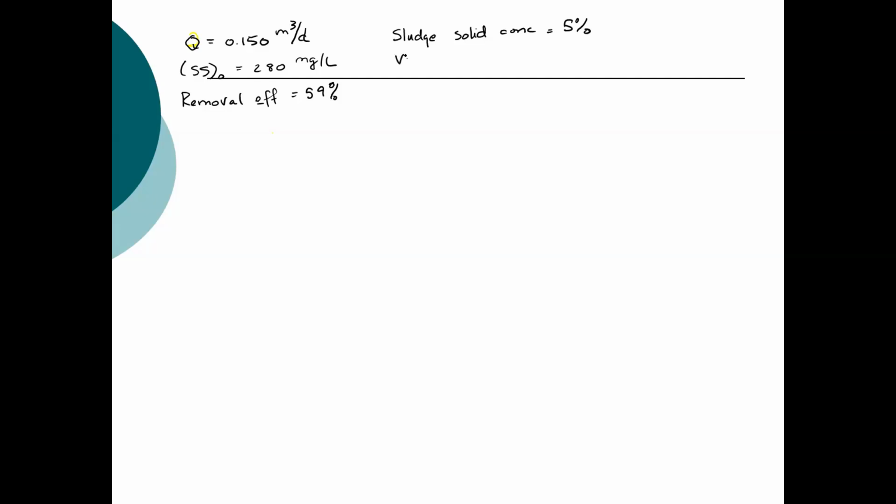The volatile solids fraction is 60%, P sub V is equal to 0.6. The specific gravity of the volatile fraction is 0.990, so it's designated as S sub V. The fixed solids comprise 40% of the solids.